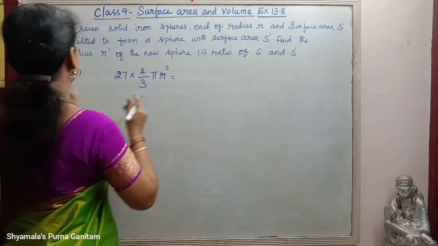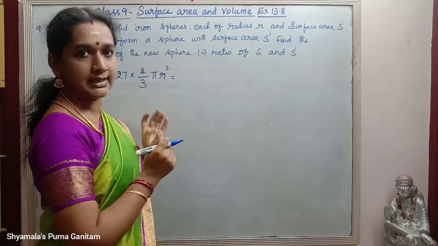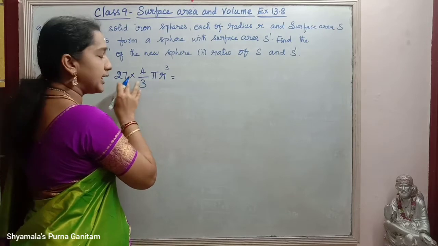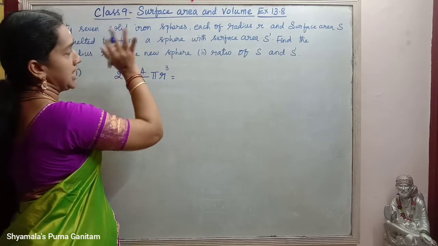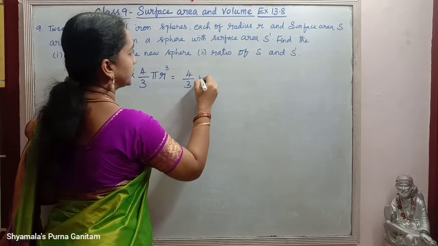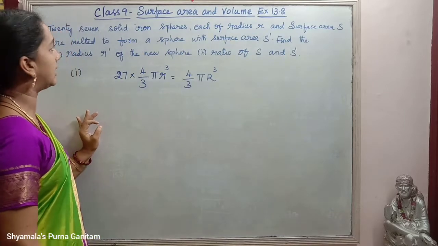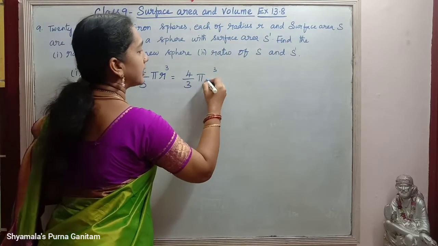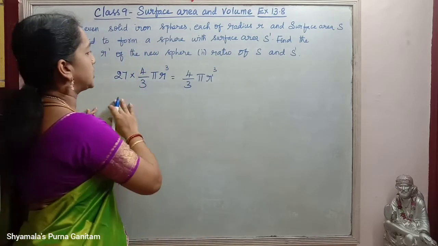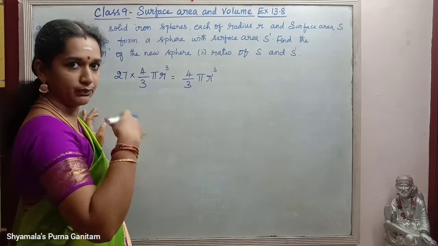When I combine 27 solid iron spheres, I am getting a new solid sphere of radius capital R, so I am taking its volume as 4 by 3 pi R dash cube. Now if I simplify this, I have to get the radius R dash for the new sphere.